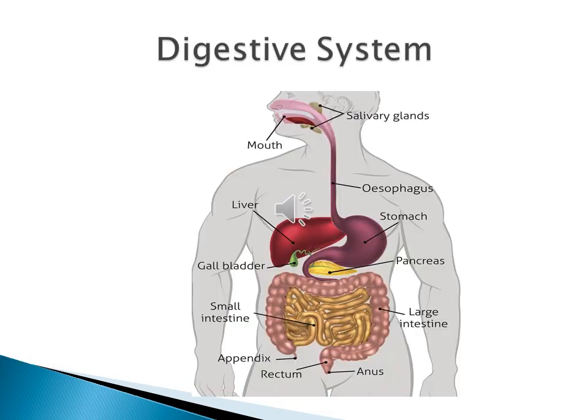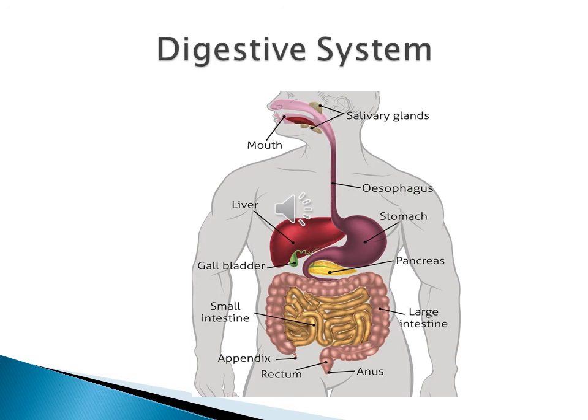Now the important part of human nutrition is the digestive system, because we should learn how we are eating, what is happening to that food, how it is getting absorbed, and what enzymes are related. In this slide, first you should know what the digestive system is and what its parts are.